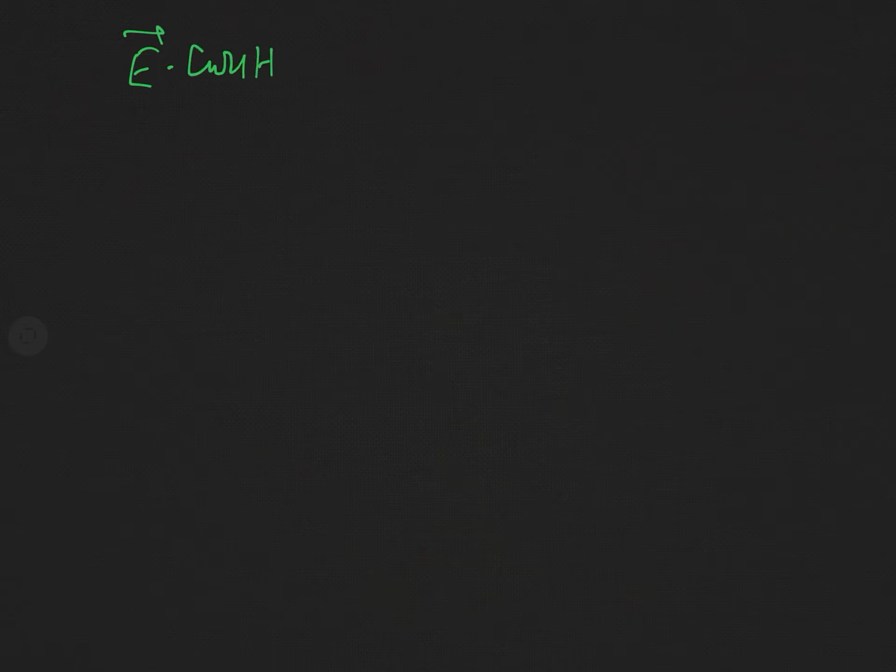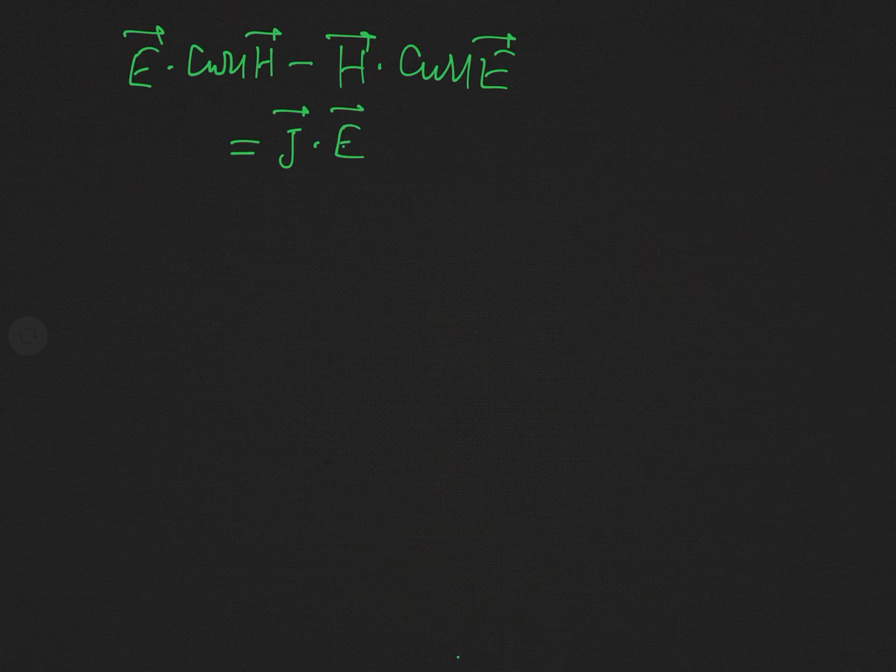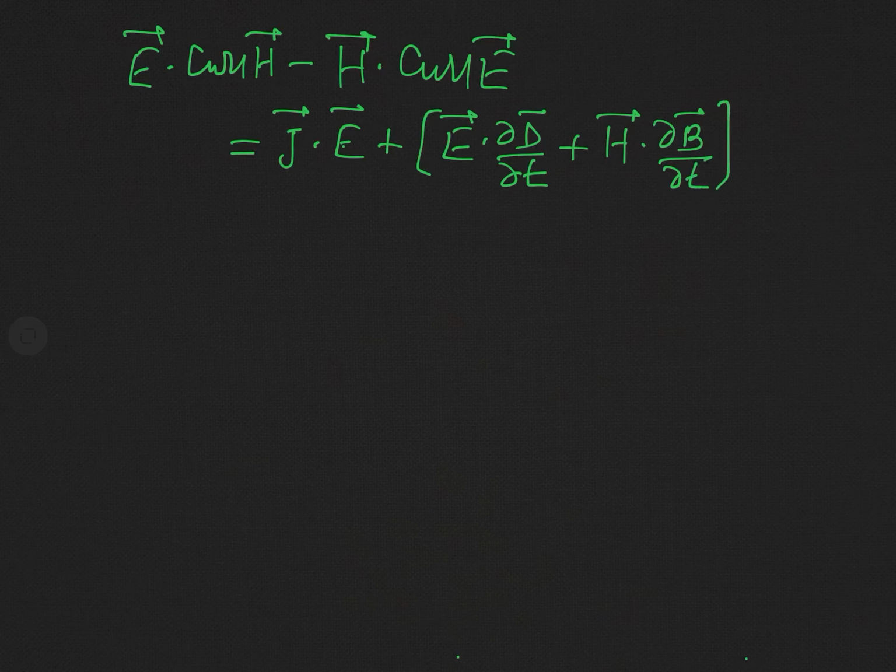This will be simply E dot curl of H minus H dot curl of E, and this will be equal to J dot E plus E dot del D by del t plus H dot del B by del t. And you can simplify it.